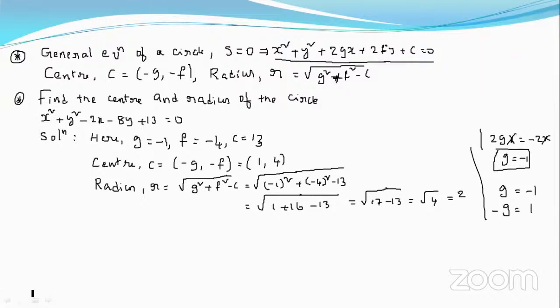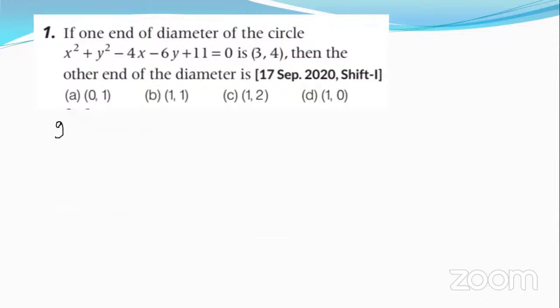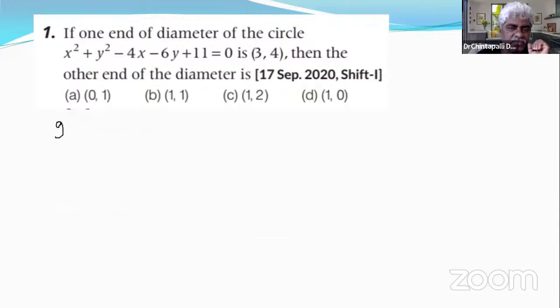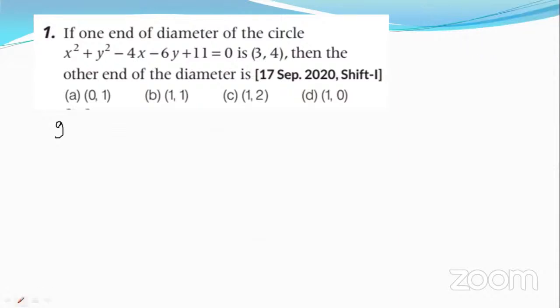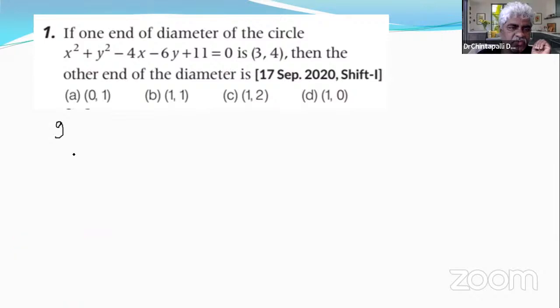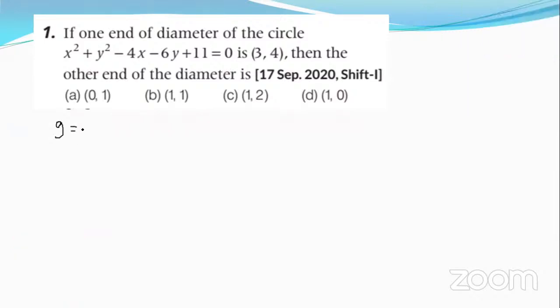Got it? So what is g here? To find g, find half of the x coefficient. G is equal to -2.